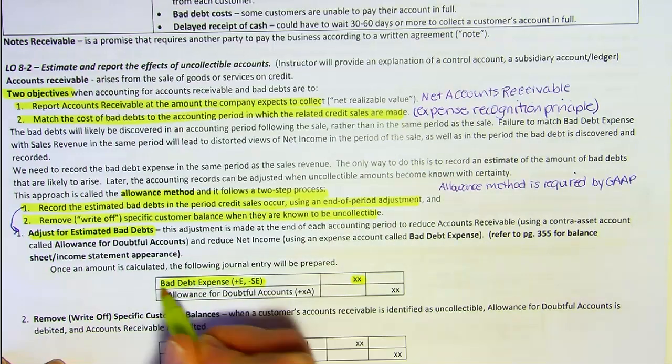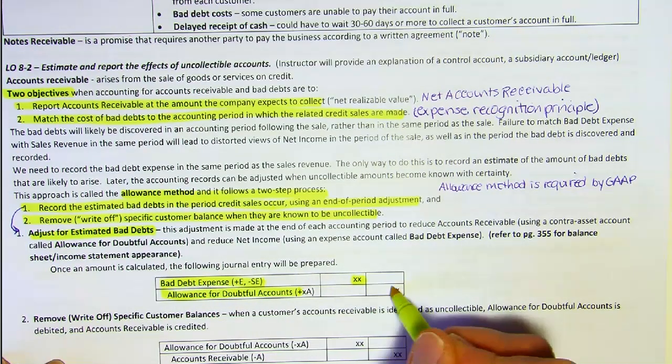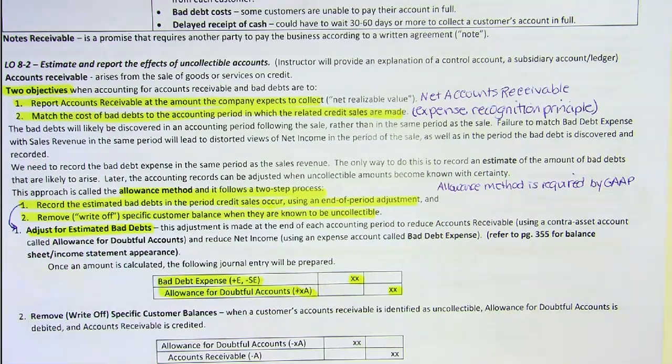So this is an adjusting entry, similar to the other adjusting entries you learned in Chapter 4. We're going to debit bad debt expense for the amount we estimate will not be collected from that period's sales or receivables. We're going to learn two methods how to do that in just another moment. We'll be putting that actually on the second lecture.